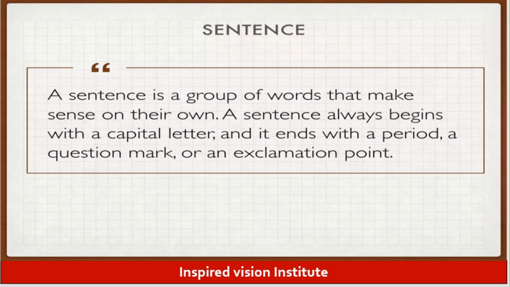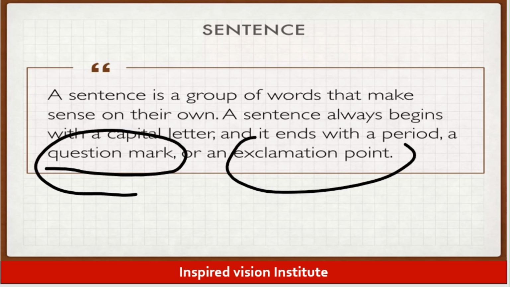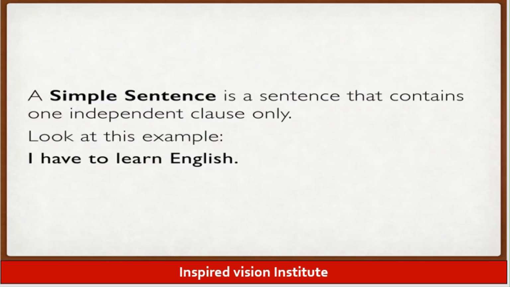We will discuss in detail which sentences need a question mark and which need an exclamation point. Here what we need to understand is that a sentence is a group of words that gives complete sense.